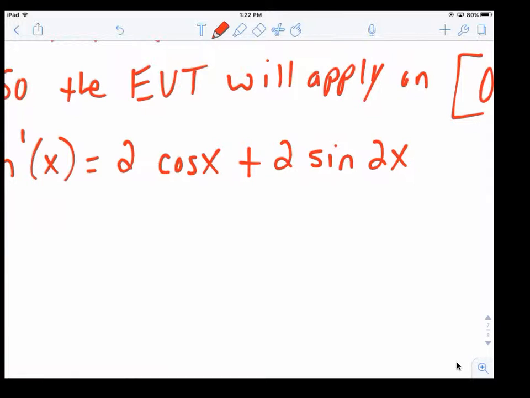Okay, so we're trying to see where that equals 0.